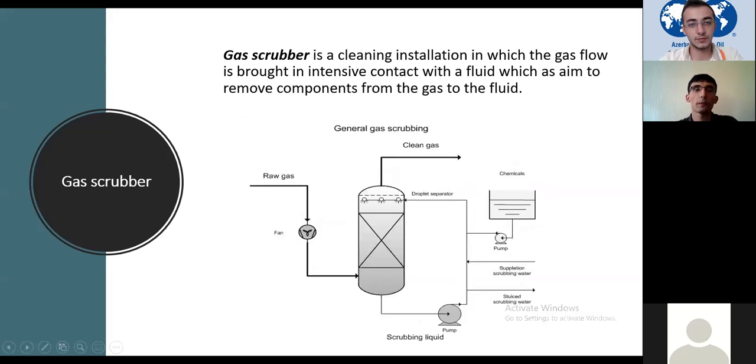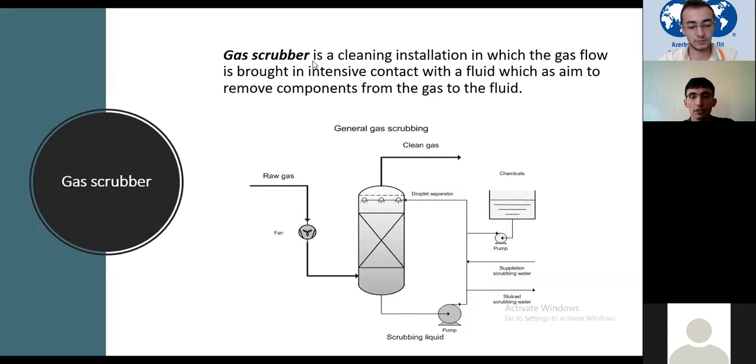Also in the recovery section, there's a unit called a scrubber. We use a gas scrubber, so that's why I will talk about the gas scrubber. This is the unit itself. Raw gas comes into this tower, and then there's a scrubbing liquid. It can be water or maybe something else, but we use water in our plant.